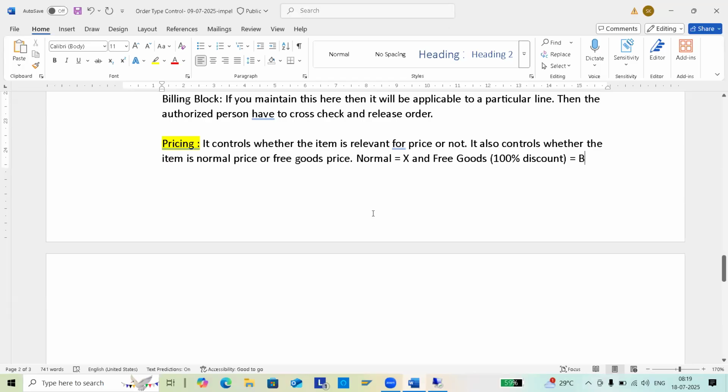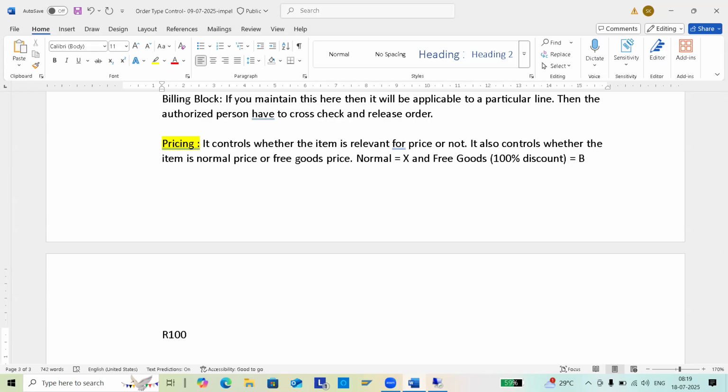Okay. So now we'll go for statistical value. One more thing we can write down here. What is the free goods condition type, Rajesh?